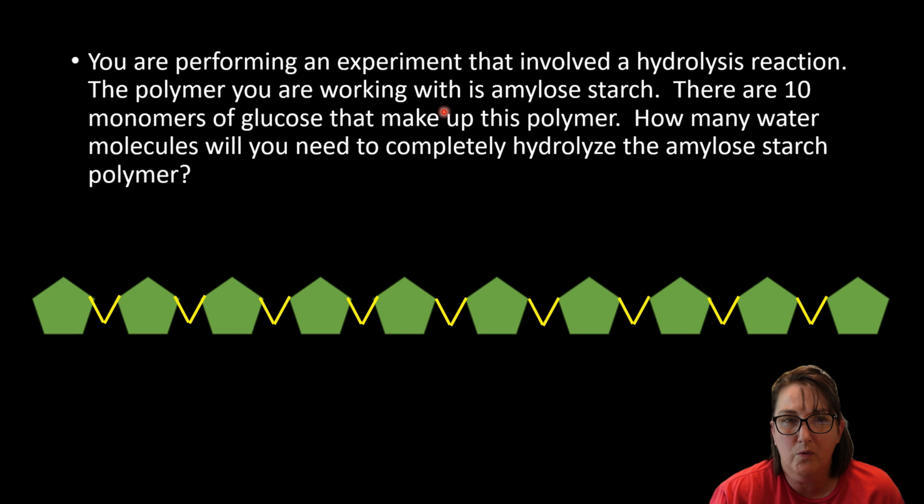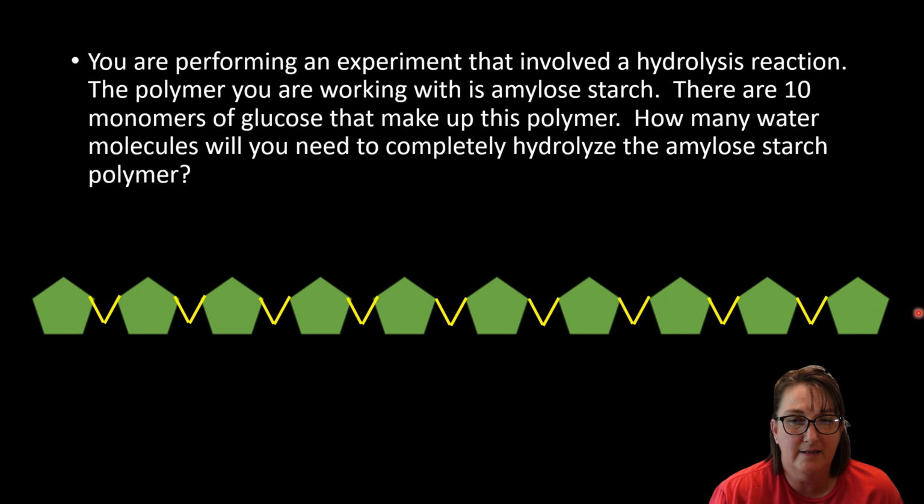So the polymer you're working with is amylose starch. I know it's some type of carb because it's a starch. There are 10 monomers of glucose that make up this polymer. How many water molecules will you need to completely hydrolyze the amylose? So how many water molecules do I need to completely break apart this polymer?